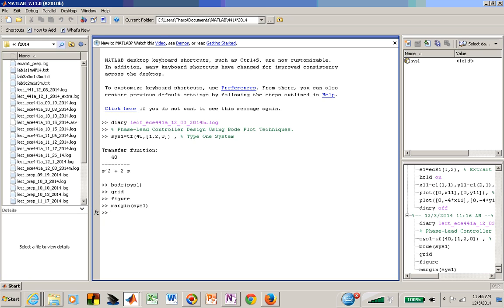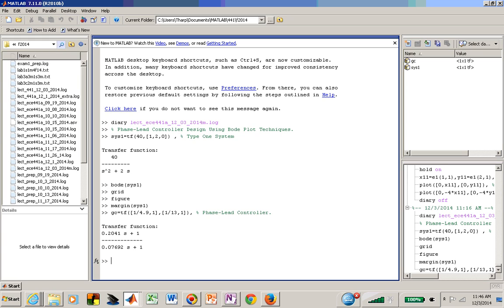So now we have a controller transfer function, where the numerator is going to be 1 divided by our zero, comma 1 in time constant form. Our pole factor is 1 divided by our pole value, which we said was 13, in pole zero form. So this is our phase lead controller transfer function.